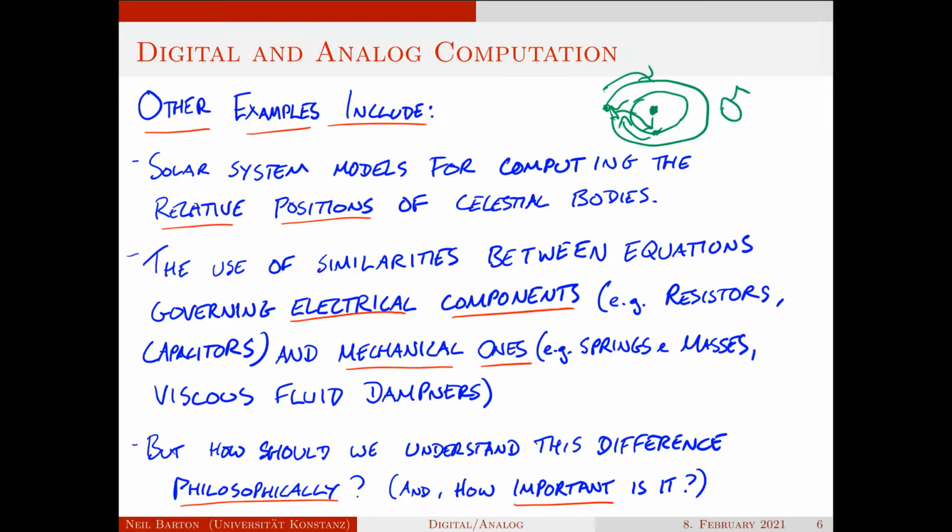So an example here is the use of electrical components like resistors and capacitors in modeling mechanical phenomena, right? So springs and masses, etc. Fluid dampeners, things like this. So the similarity between the equations governing them can be leveraged to get, for instance, a computation of how a spring and a mass will behave using a capacitor.